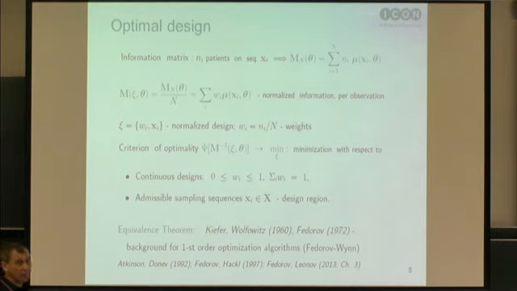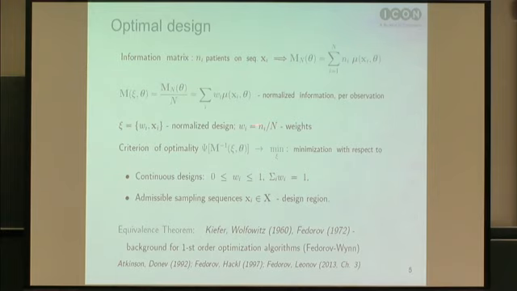We can use the standard machinery of optimal design. So we introduce the information matrix in a standard way like this. Then we are usually working with normalized information matrices. We are working not with the numbers, but with the weights, with the proportion of patients.